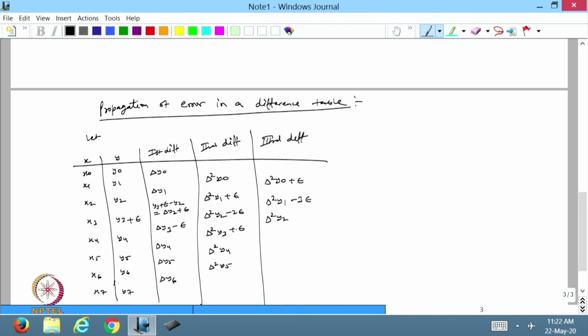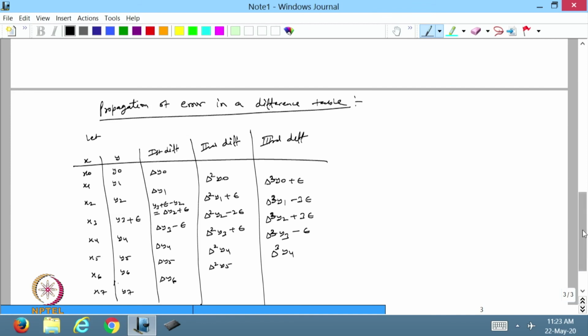Y 2, this minus this plus 3 epsilon. This minus this will be del cube, sorry. So, this is cube. So, y 2 and then y 3, this minus this, so it will be minus epsilon, and then y 4. So, that value is given.